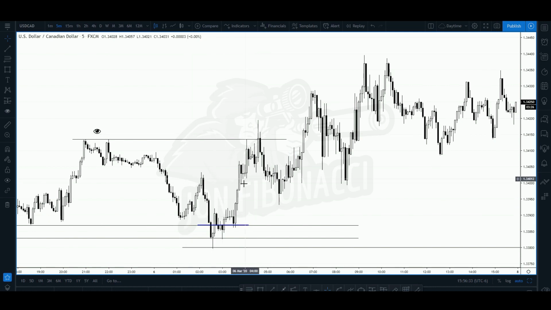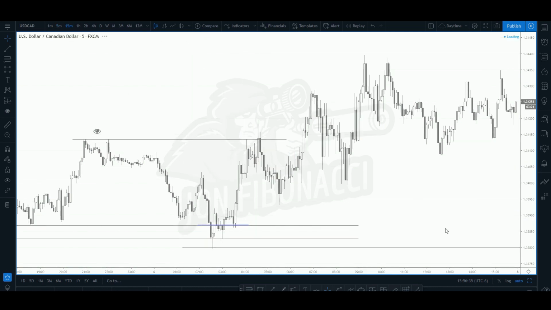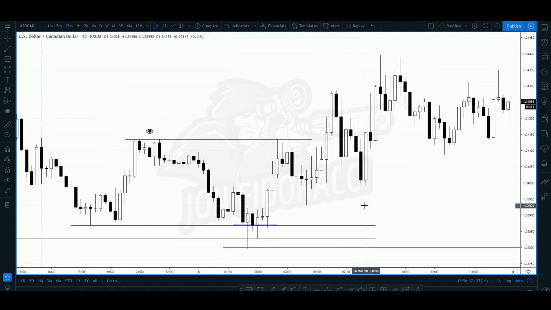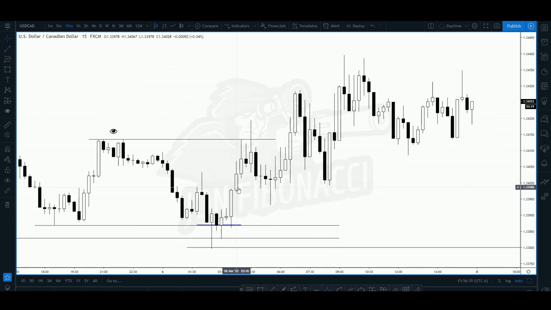I was watching this, and on the 5 and the 15 minute, I hope you noticed how this wick at 345, this candle right here, has no wick on the downside. So to me, from here to here was also an imbalance.